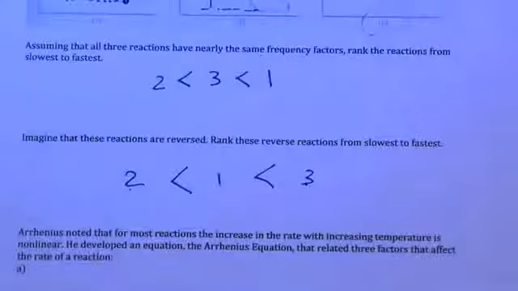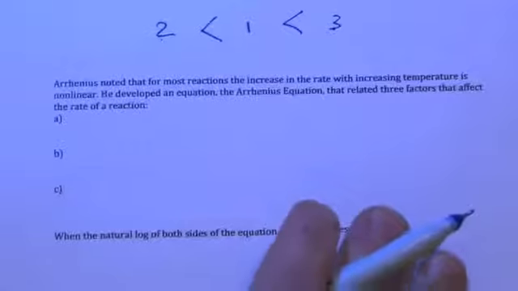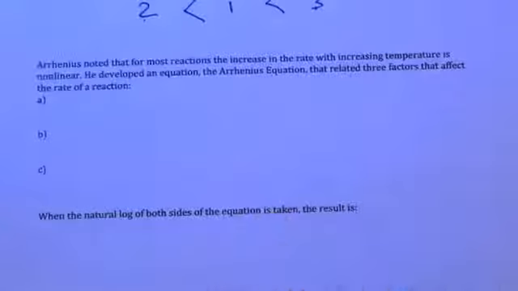Well, Svante Arrhenius, a chemist back in the late 1800s, noted that for most reactions, the increase in rate with increasing temperature was nonlinear. He developed an equation called the Arrhenius Equation that related 3 factors that affect the rate of a reaction.